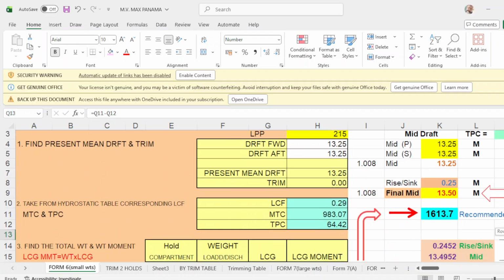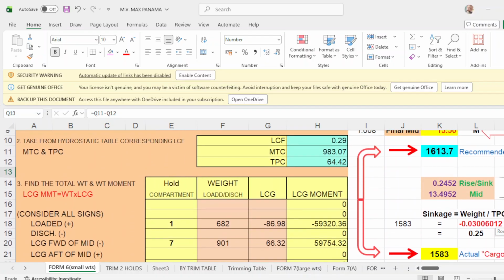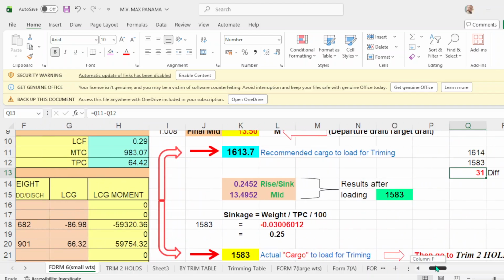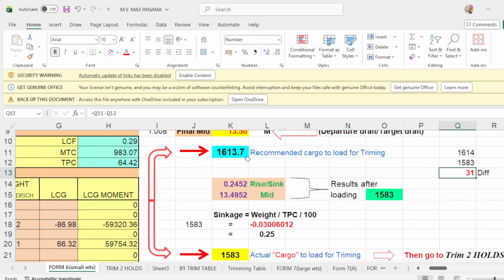This is the recommended cargo to load for this program. Let's put 1614, okay? This one, 1614. So that we will not be short of 31 tons.